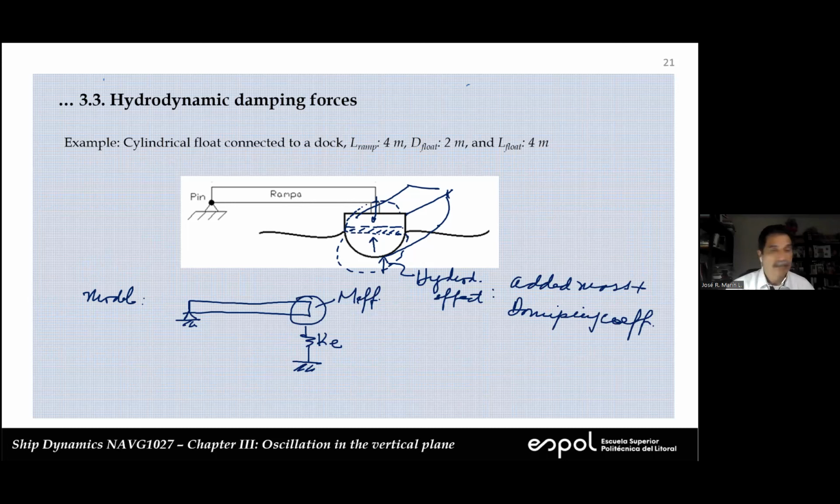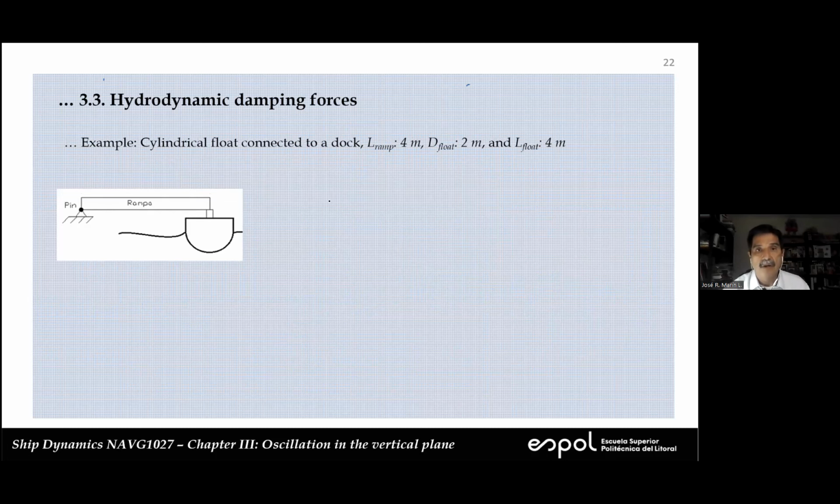Questions? No? That's easy. Okay, now let's do it. So this is our free body diagram. We assume that this is massless.